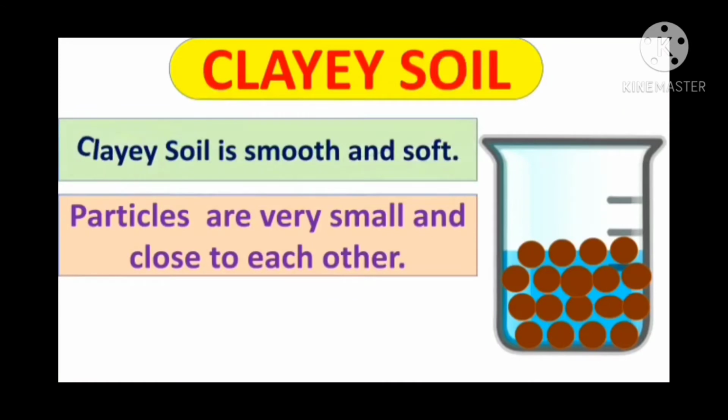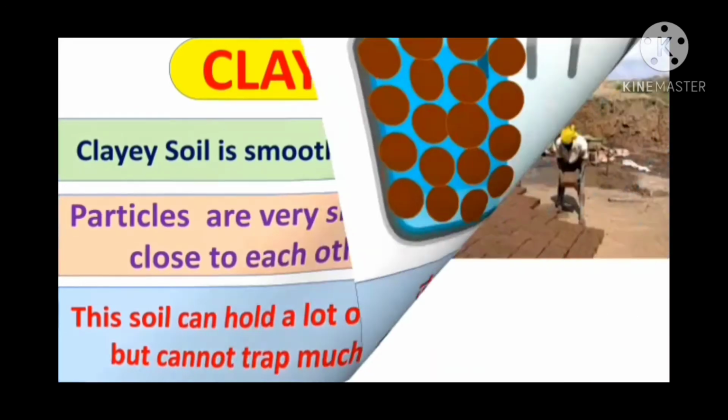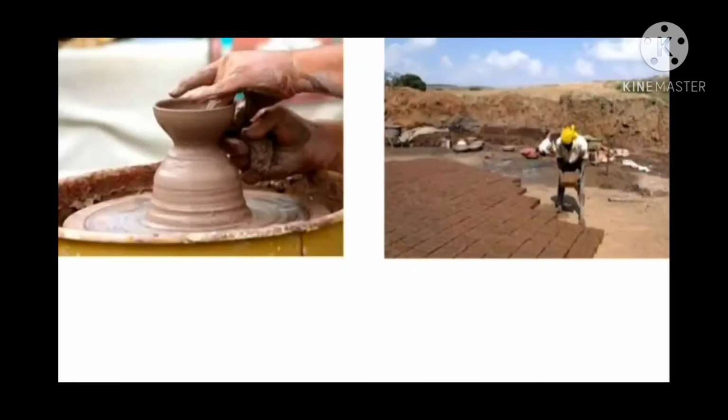Next one is clay soil. Clay soil is very smooth and very soft. Already you know that these particles are very small and very close to each other. You can observe it in the picture. This soil can hold a lot of water but cannot trap much air, meaning air cannot percolate into it.